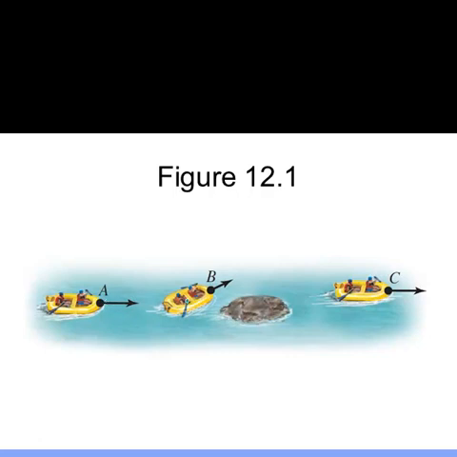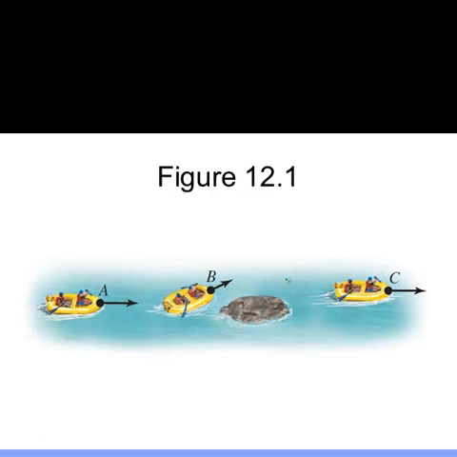But then as your raft approaches the rock, it's going to slow down a little bit and change direction. So notice that this arrow is pointing in a different direction, pointing in the direction that this raft is now going, and the arrow is a little bit shorter, indicating that the speed is less.